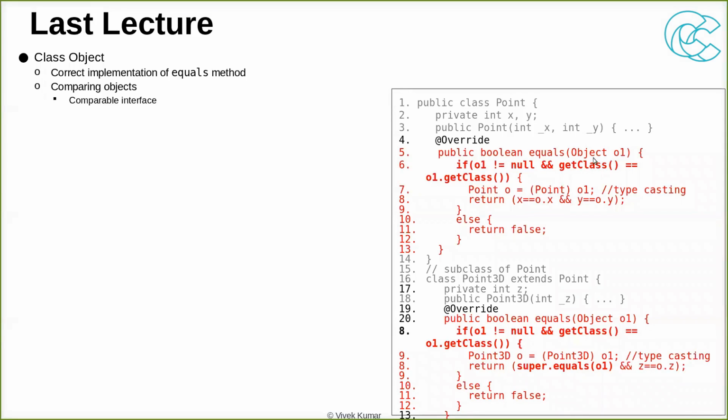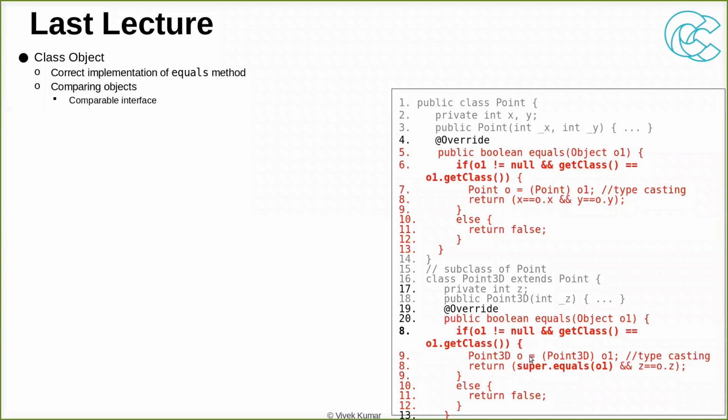One is the argument you get, in this case o1, and the other is this object, the current object. If the states are the same, then you can say that they are equal. That's the point of the equals method.